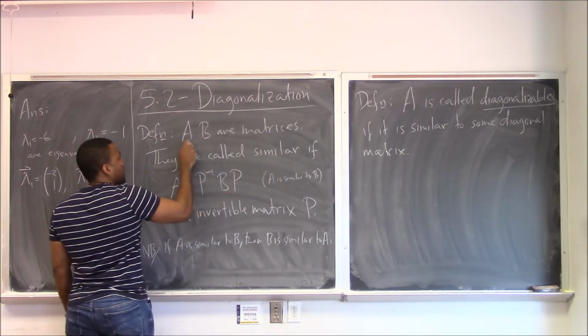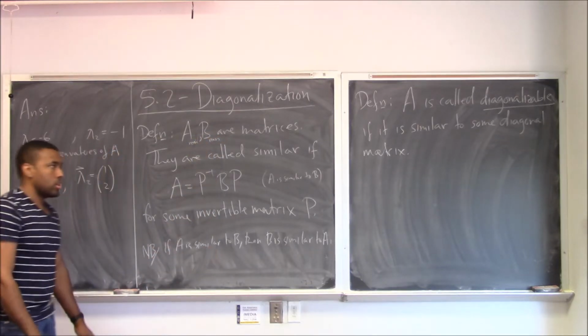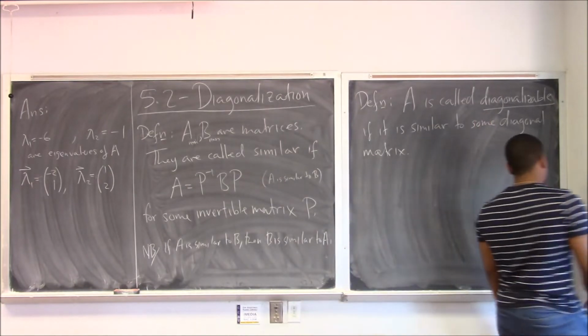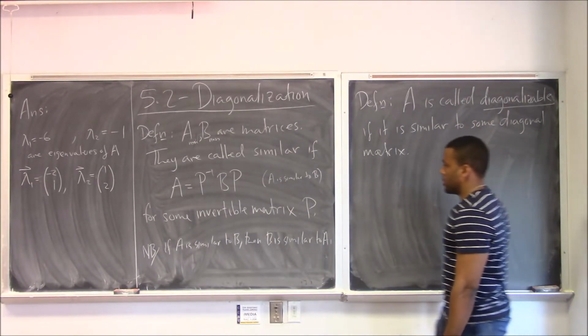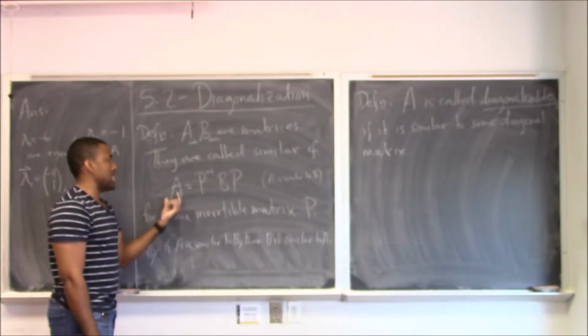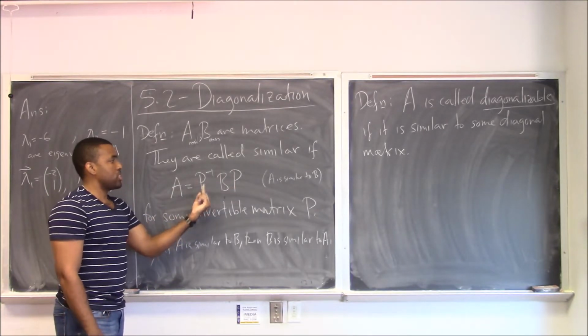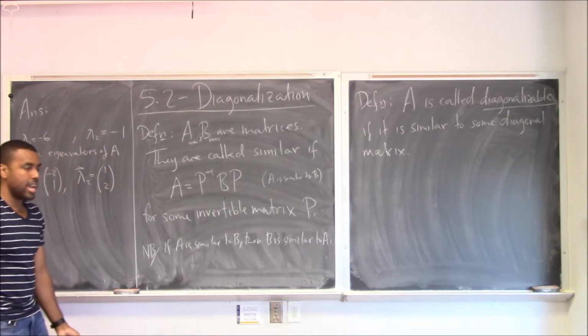These guys are n by n, by the way. They're square matrices, which a diagonal matrix is also. Which means if we can find a diagonal matrix such that A is equal to some matrix on this side, the inverse of some matrix here, and a matrix on that side, and in the middle there's a diagonal matrix, we call A diagonalizable.